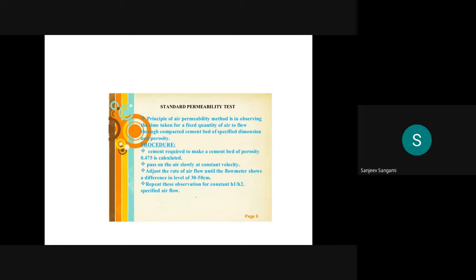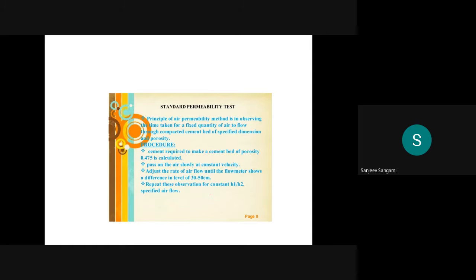Then the standard permeability test. The principle of the air permeability method is observing the time taken by a fixed quantity of air to flow through a compacted cement bed of specified dimensions and porosity. Procedure: the cement required to make a cement bed of porosity 0.475 is calculated, and air is passed slowly at a constant velocity.